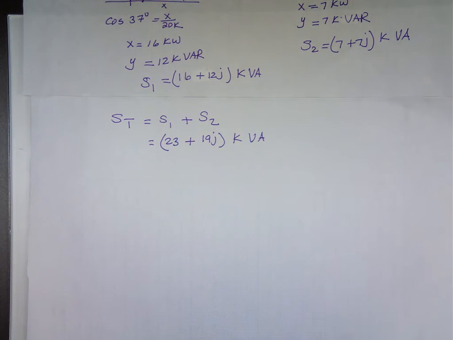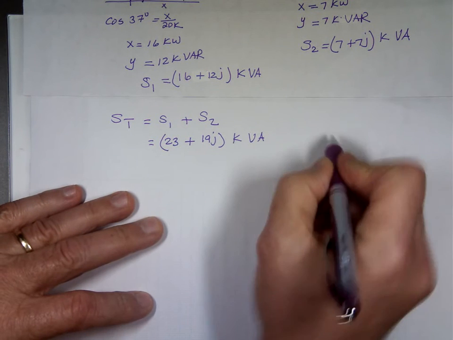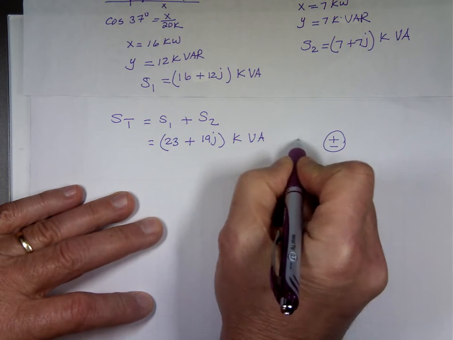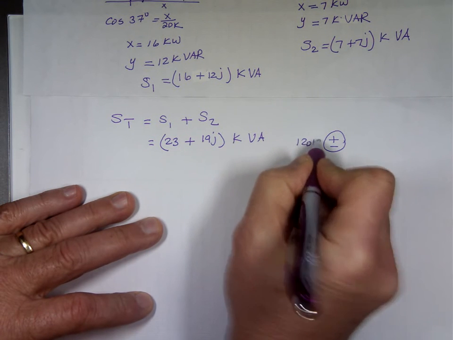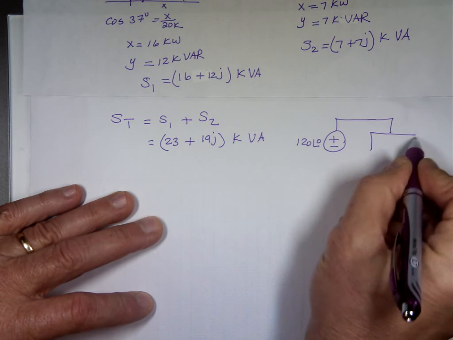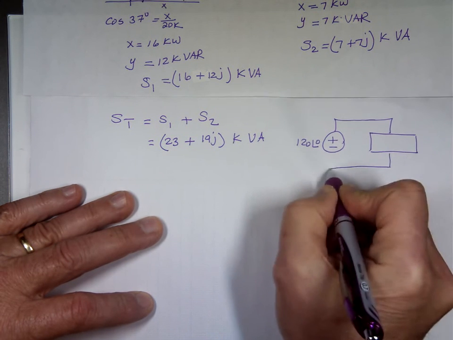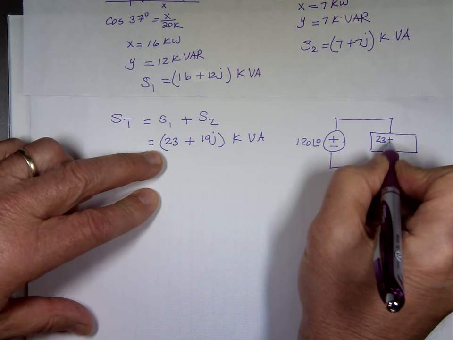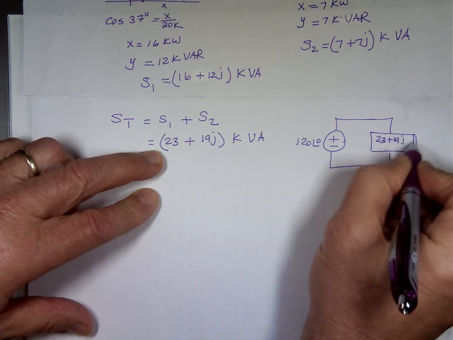Remember what complex power is equal to. The question is saying, if we replace this by one load, what is the value of that? So this is 120 angle 0. And this is the total load, the one load, which is the 23 plus 19j kVA.